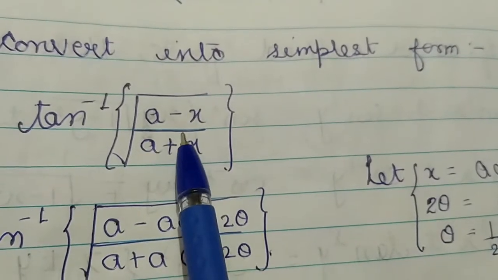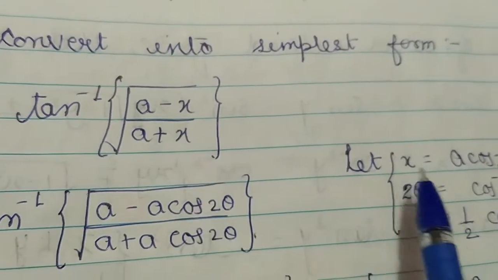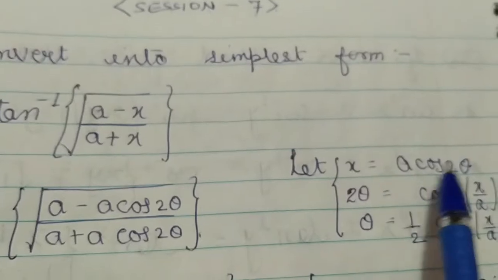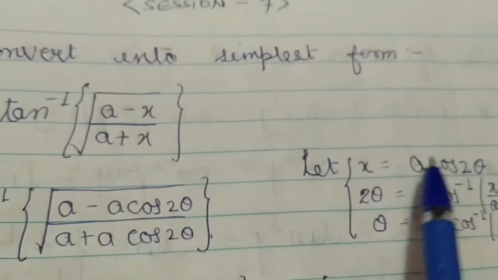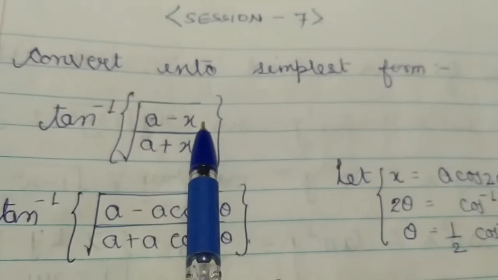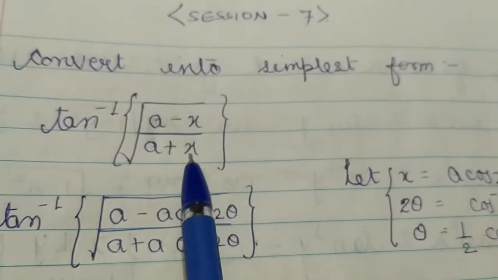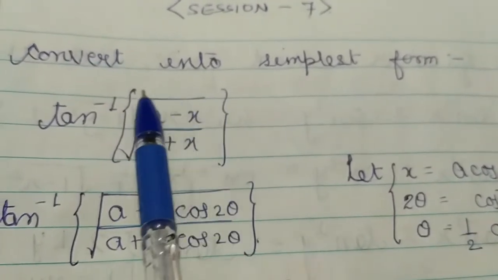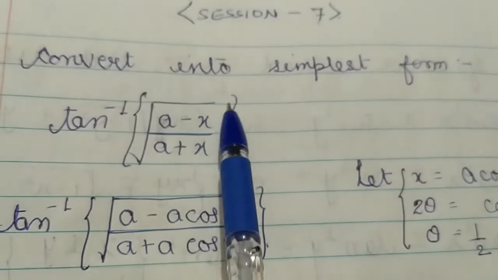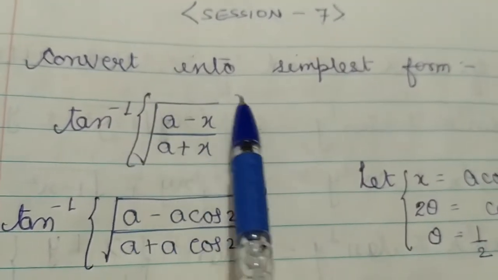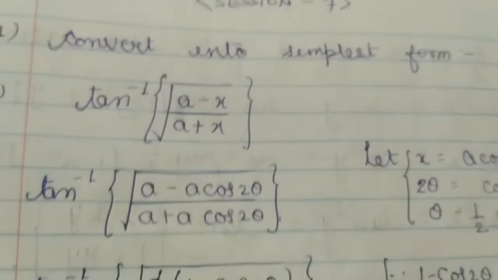In this case, we apply x equals a cos 2 theta. This substitution helps us in removing the sign of square root.